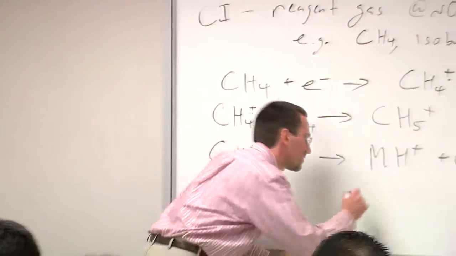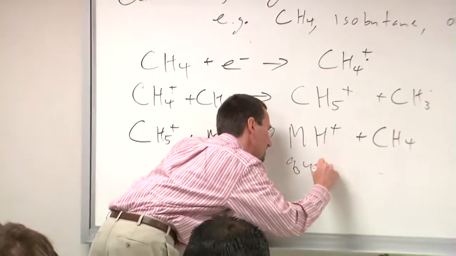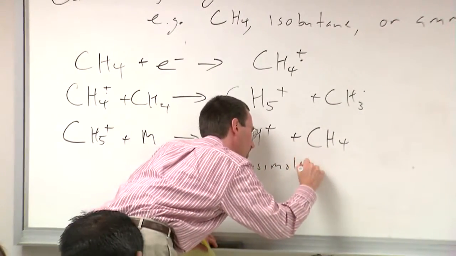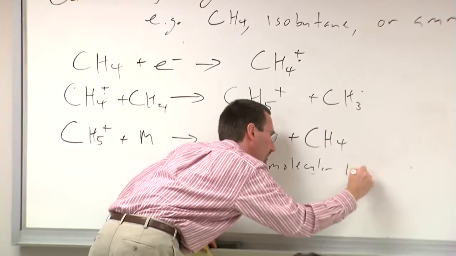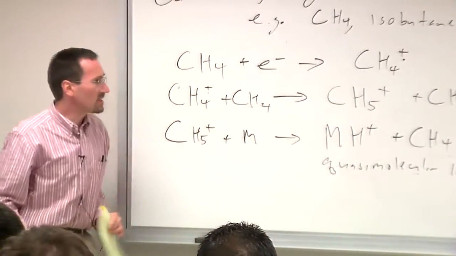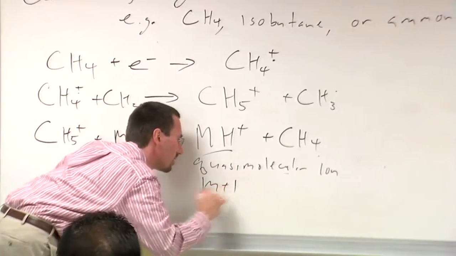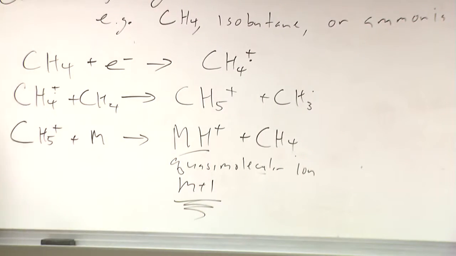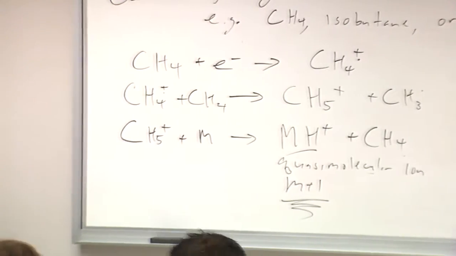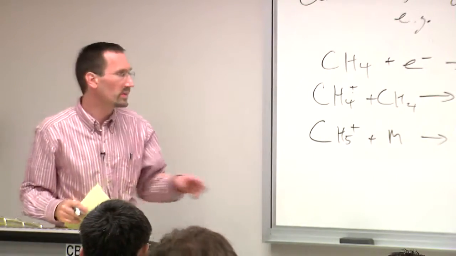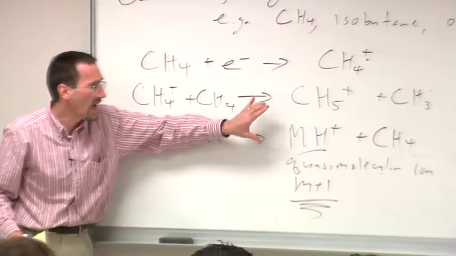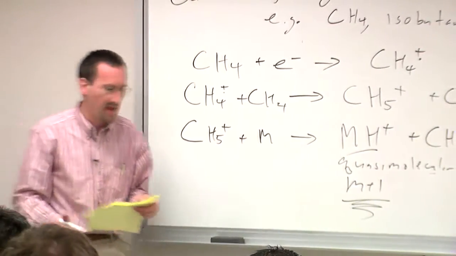So we call this species a quasi-molecular ion. And of course, the big distinction is this is at M plus 1. In other words, it's 1 higher than the molecular weight. And sometimes you'll see other things glomming onto the molecule, including alkene fragments in CI mass spec.